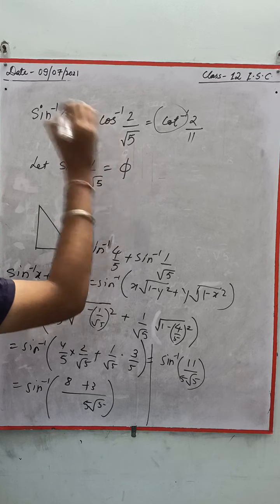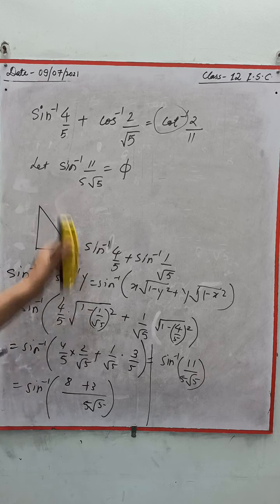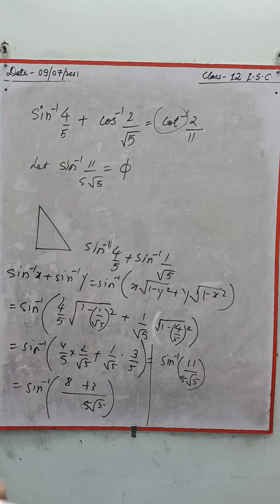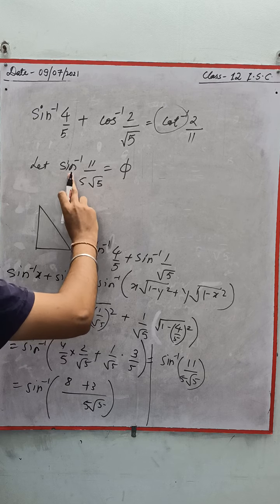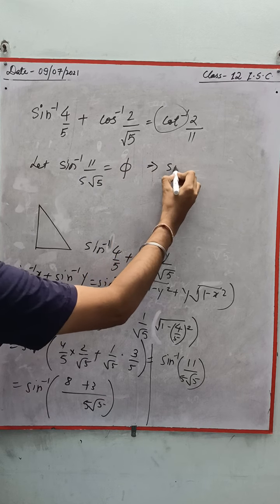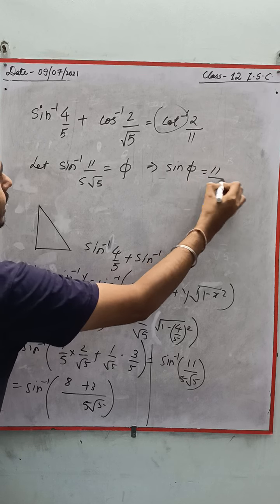Now you consider phi, because we cannot consider theta, because in the same solution two different thetas cannot be taken. So equal to phi, take sine that side, so it will become sine phi equal to 11 upon 5 root 5.